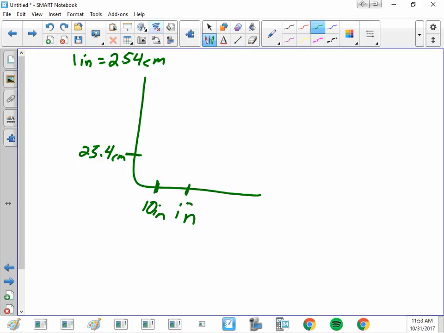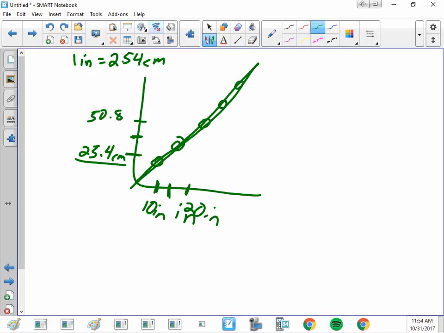What about 20 inches? It's going to be twice this big. 50.8. And then halfway in between is going to be halfway in between. It's going to be a straight line where every point is exactly on the line. So the correlation coefficient would be 1. Now that scatter diagram doesn't do anything for us, right? We knew that. We didn't need to graph it to realize that. What happens to R if mistakes are made in the arithmetic?